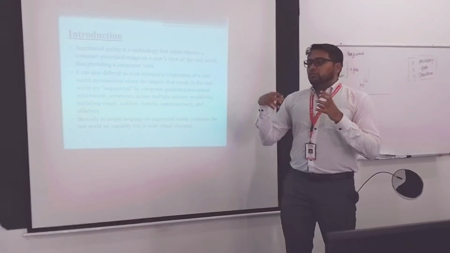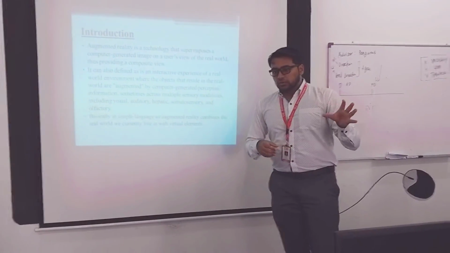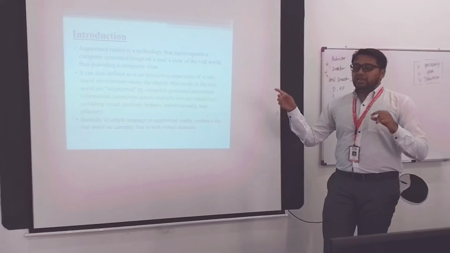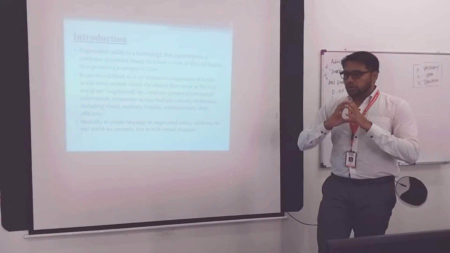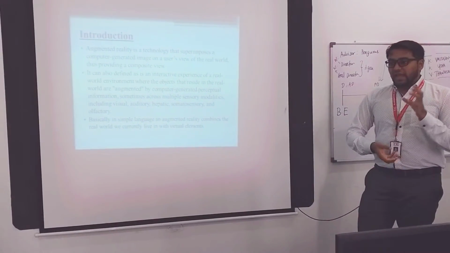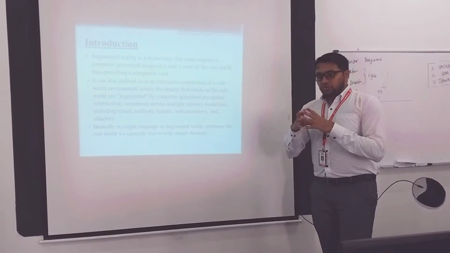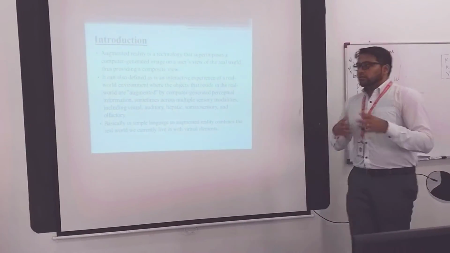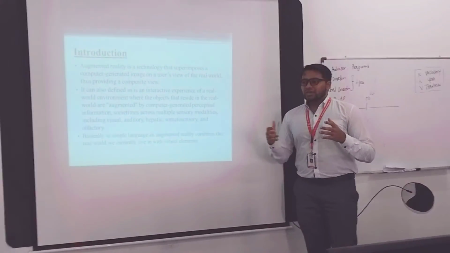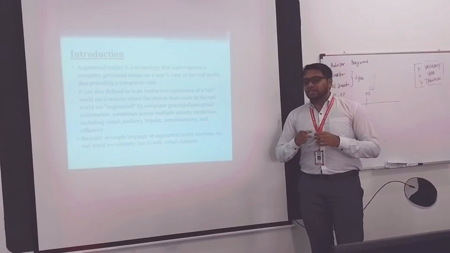It gives you extra information about the world around you while you are watching the real world. Unlike in virtual reality, where you are totally in a computer generated world, here the computer generated and real views combine to give you a half virtual reality, or in other words, an augmented reality kind of view.